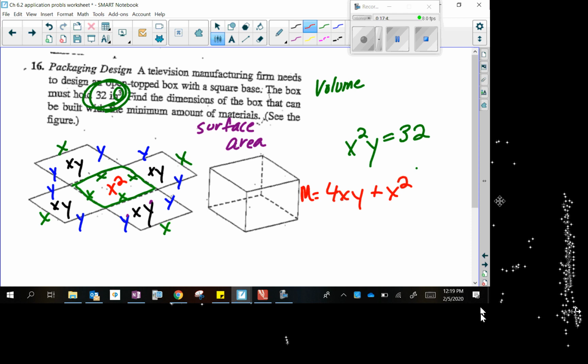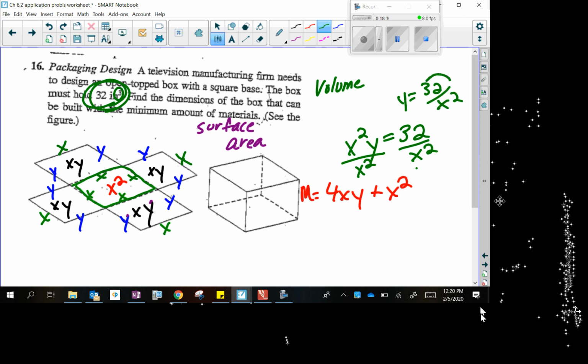Okay. So what do we want to do next? The way I did it, I solved for y using the volume. Does everybody agree with that? So if we divide by x squared, we get y equals 32 over x squared.